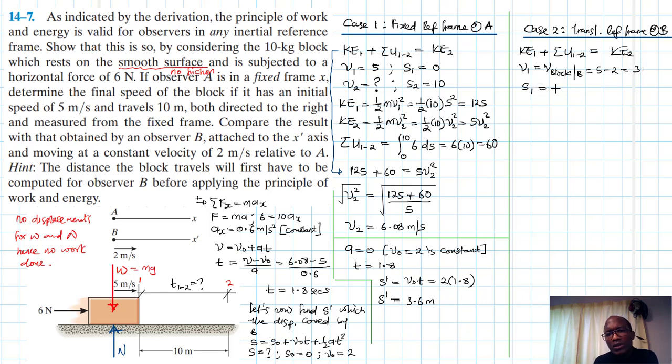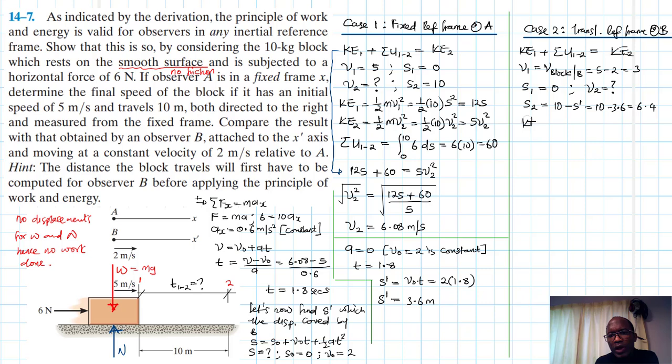S1 is equal to 0. V2 is what we are looking for, and then we have the last part, which is S2 is just going to be equal to 10 minus S prime, and this is equal to 10 minus 3.6, which is equal to 6.4, right?